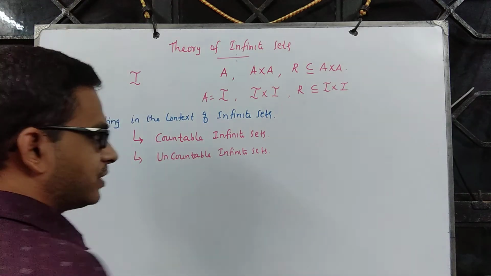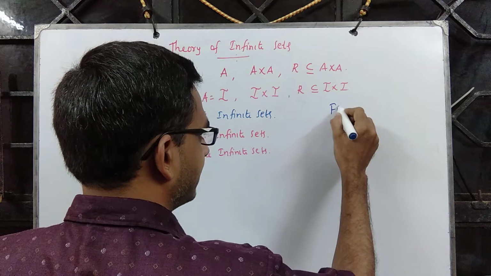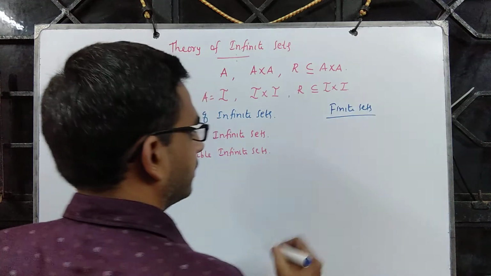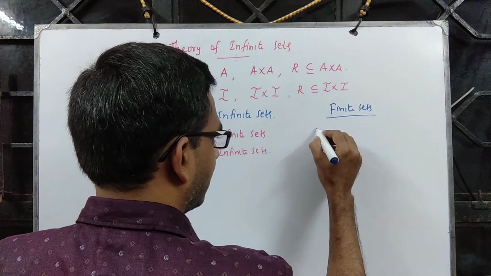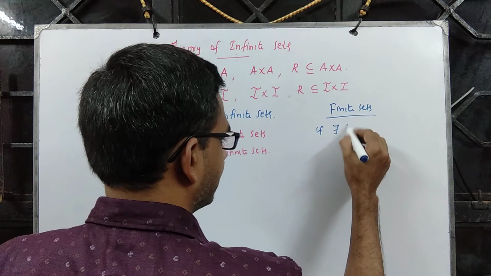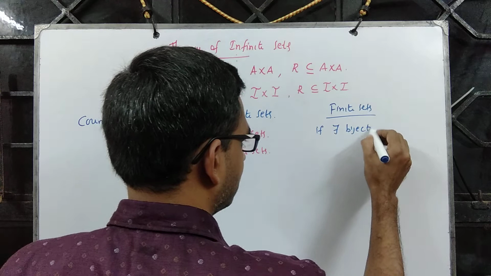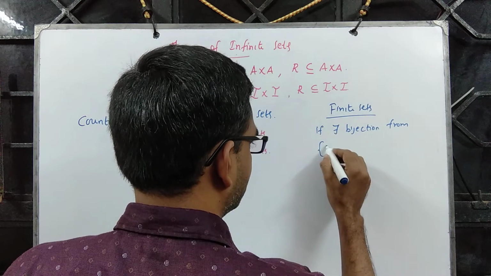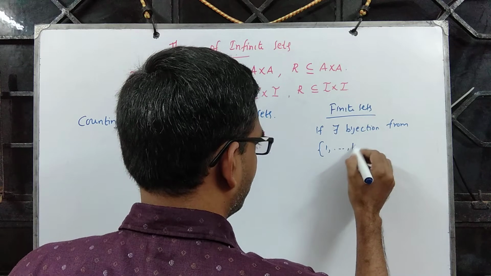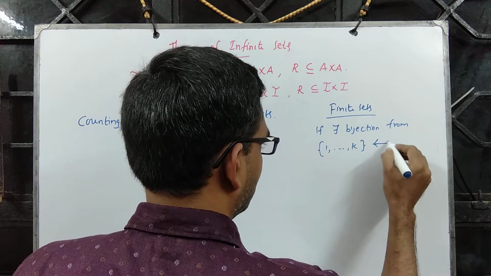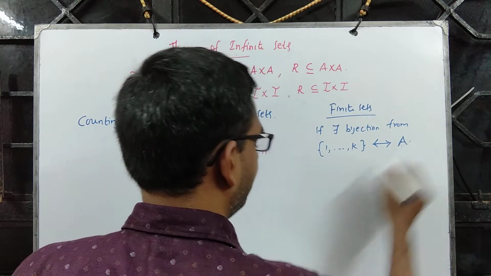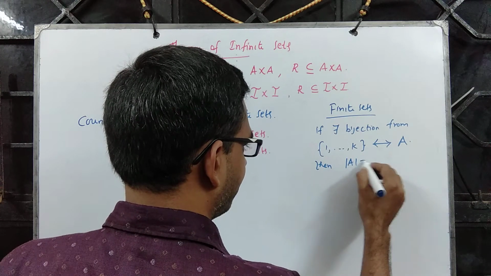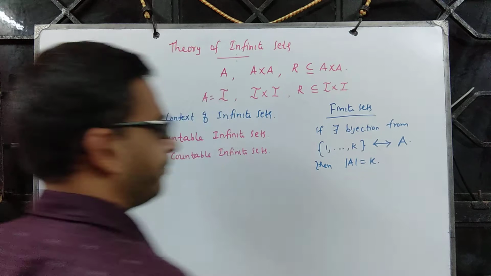So in the context of finite sets, we say if there exists a bijection from say 1 to k to the set A, then cardinality of A equals k.